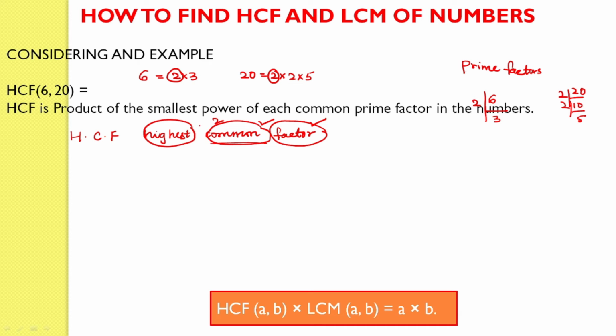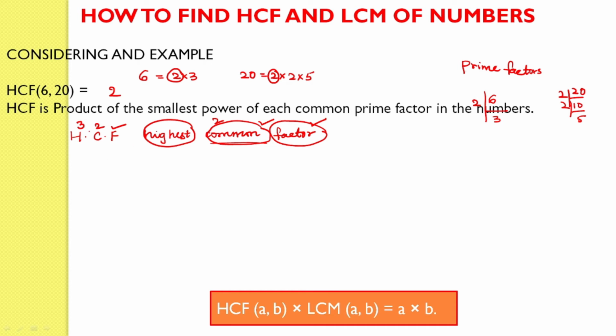So the HCF of 6 and 20 is 2. That's how you do it: you find the factors first, then the common factors, and then the highest among them.